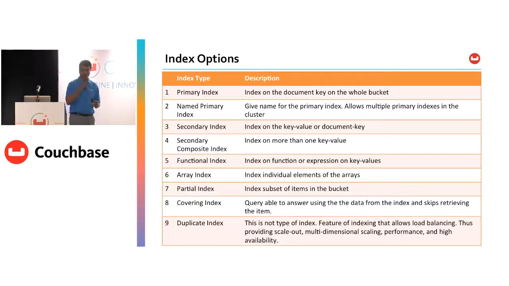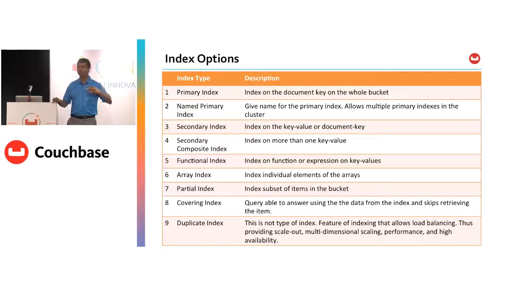For example, when you want to have a case-insensitive search, you can upper or lower the value before you index on it, and you can issue queries that do a case-insensitive search or scan of the data. Array indexing helps you to index individual elements of an array.